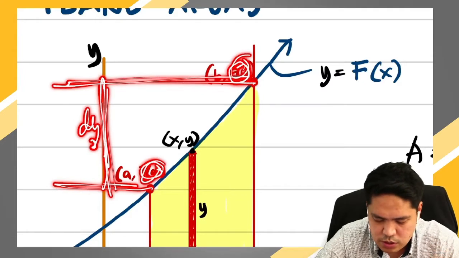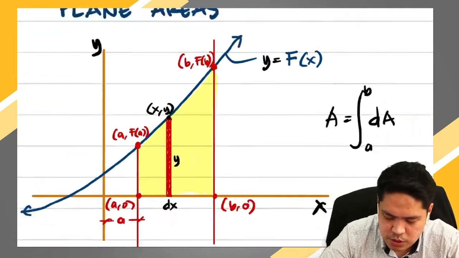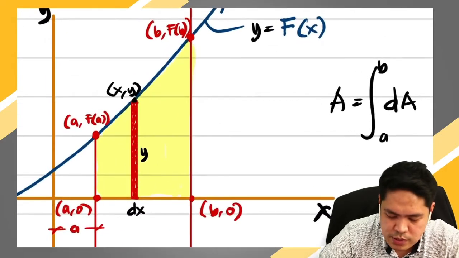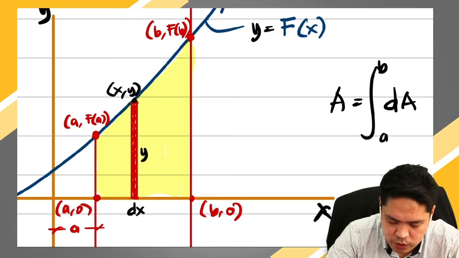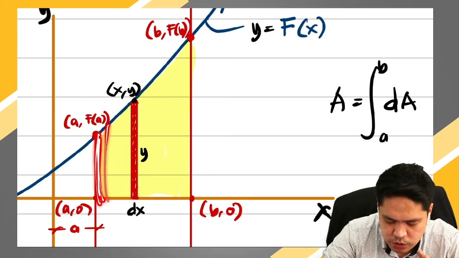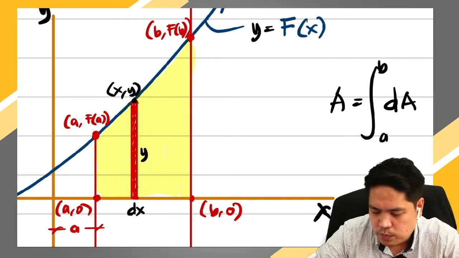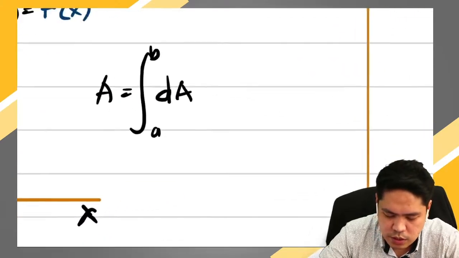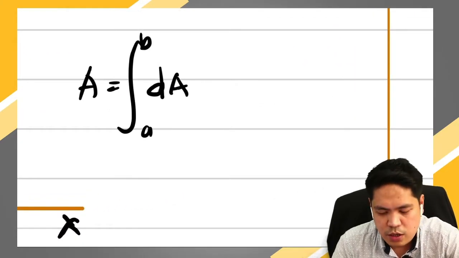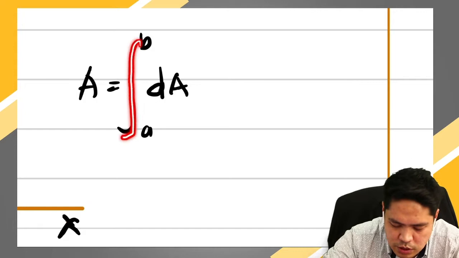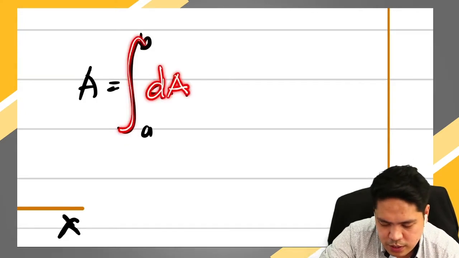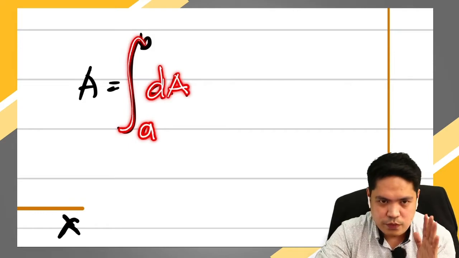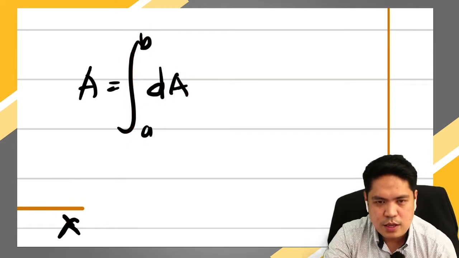So, these ordinates. But since our problem is this, we used a vertical strip. So, therefore, this is dx, and we are moving the strips from this point up to that point. So, we have this equation now. The total area is just equal to the integral of the differential areas from this point of the x-axis to this point in the x-axis.